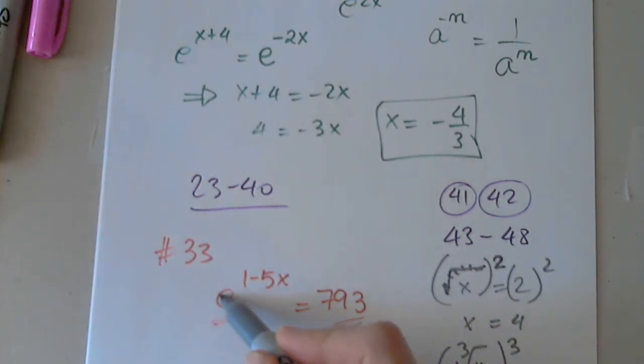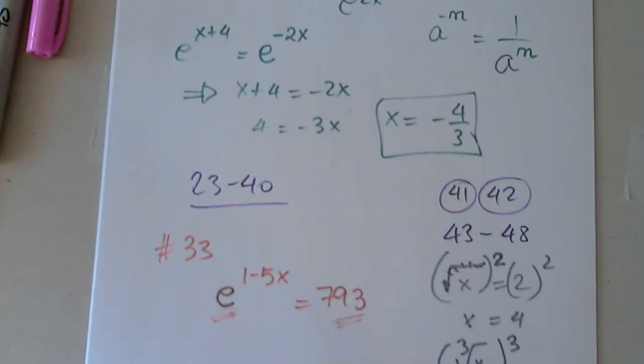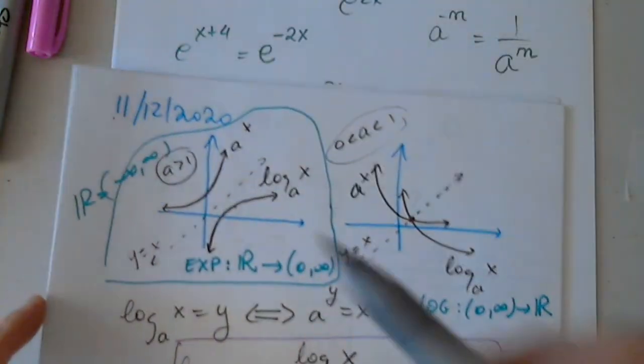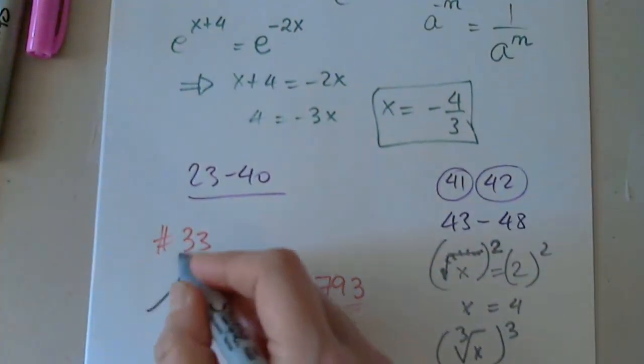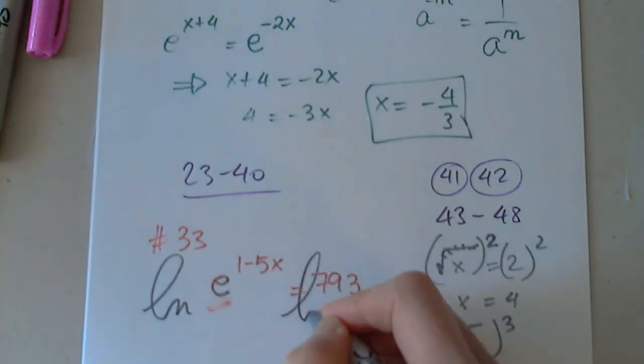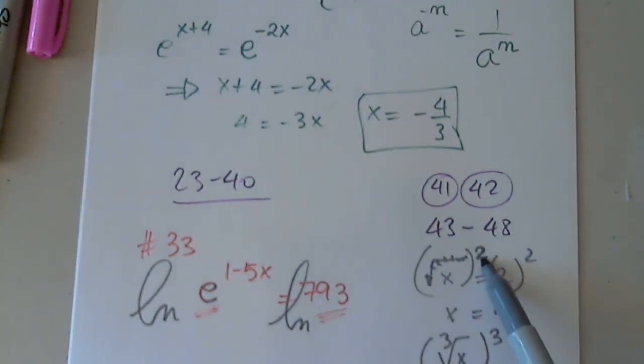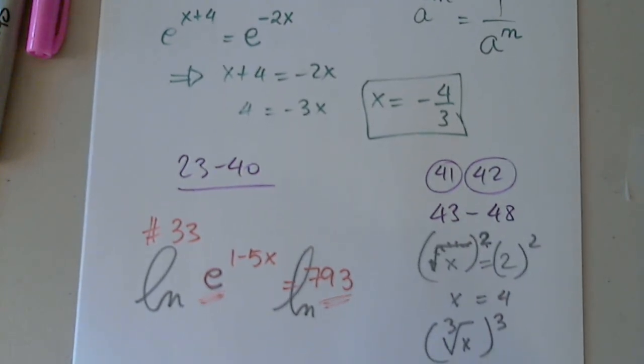Now I have base e. What did we say? Isn't it ln? Exactly. Thank you. We apply natural log to both sides, like applying square root, like applying power 2 to both sides, or applying power 3 to both sides, or taking the square root from both sides. We're applying this function to both sides because it's the inverse of the exponential.